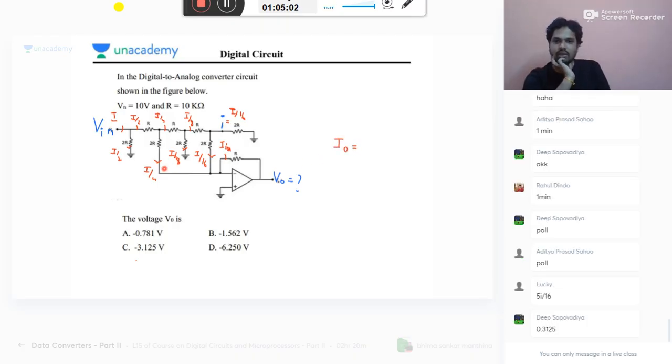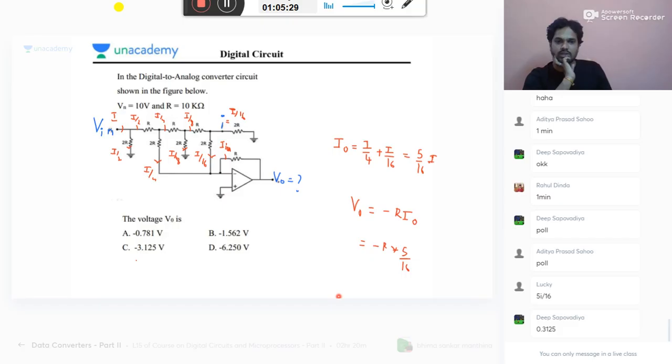These two are entering now, so I by 4 plus I by 16, which is 5 by 16 into I. What is V naught? Minus R into 5 by 16.